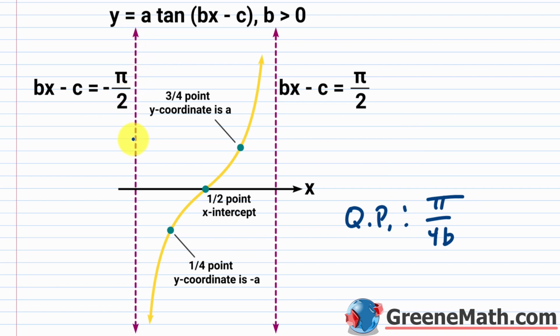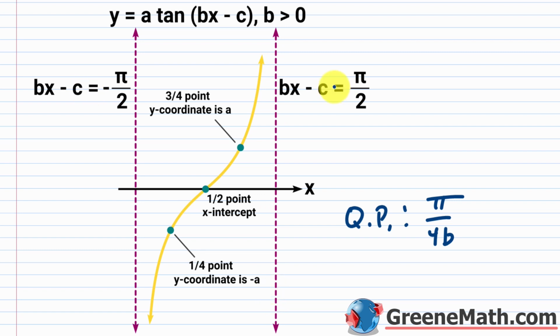So you take your leftmost vertical asymptote, so that's x equals some number, and you add pi over 4b to that, and you get the x value for the quarter of the way point. Then you add the quarter period, you get the halfway point. Then you add the quarter period, you get the 3/4 of the way point, and you could add a quarter period to get the next vertical asymptote if you wanted to, but you should already know what that is because you already set up those two equations.